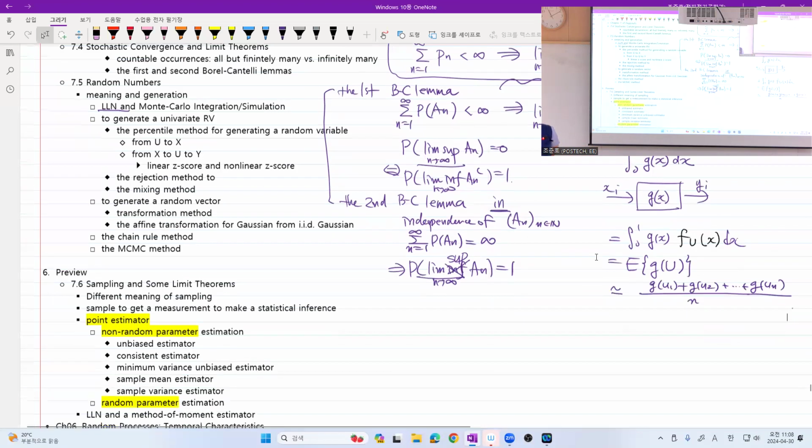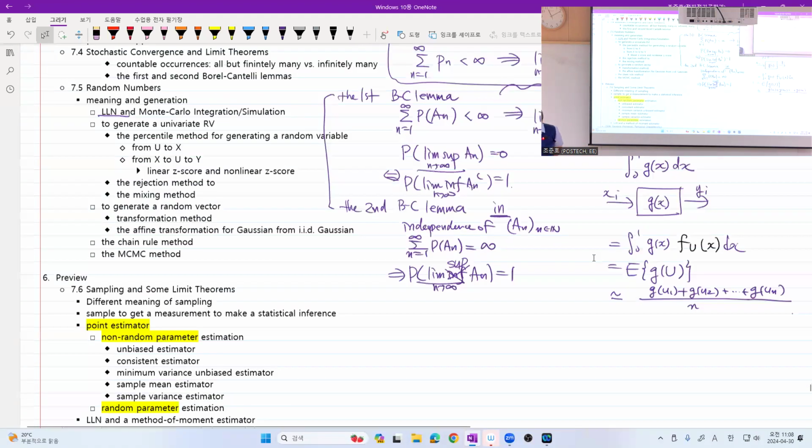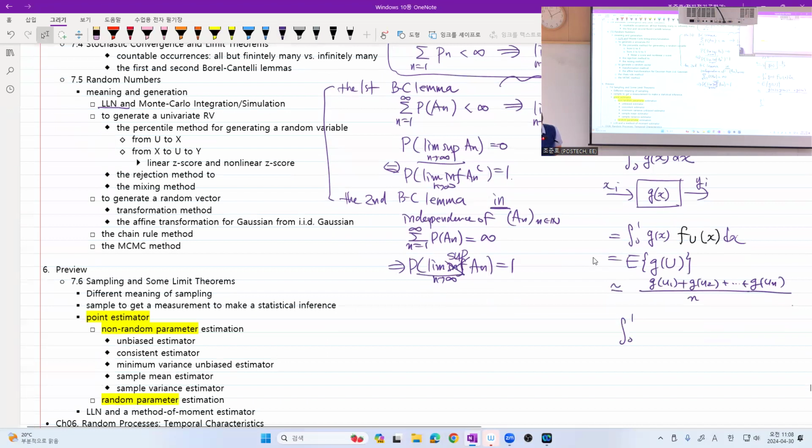Anyway, sometimes what you want to do is something like this: we multiply and divide by some f, and suppose this is a probability density function. Then you can rewrite this one as something like this.